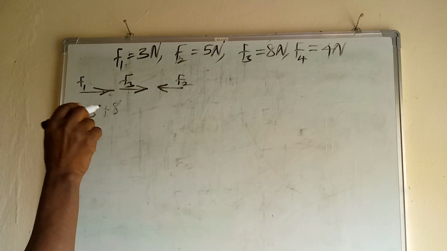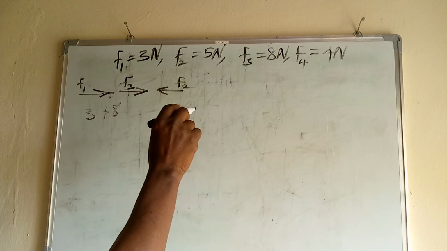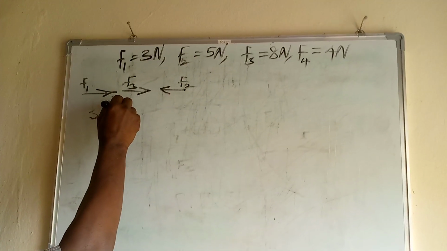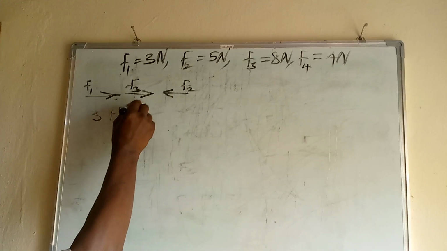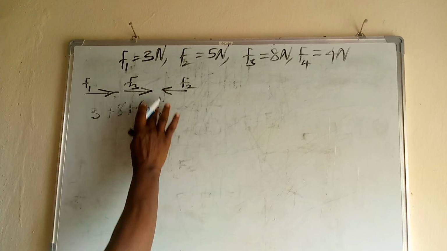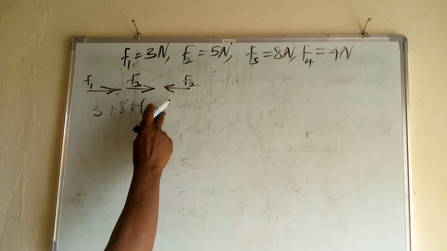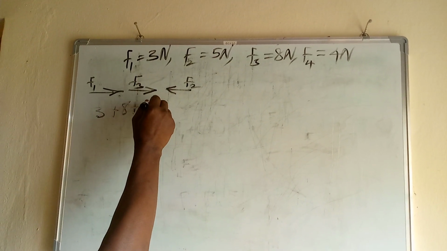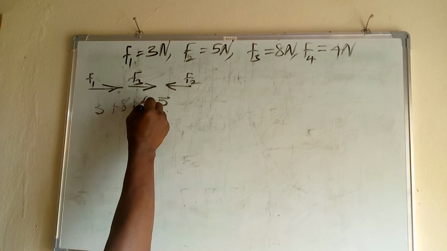Because both of them are not in the same direction with F2, we'll have minus F2, that is minus 5, because F2 is 5.